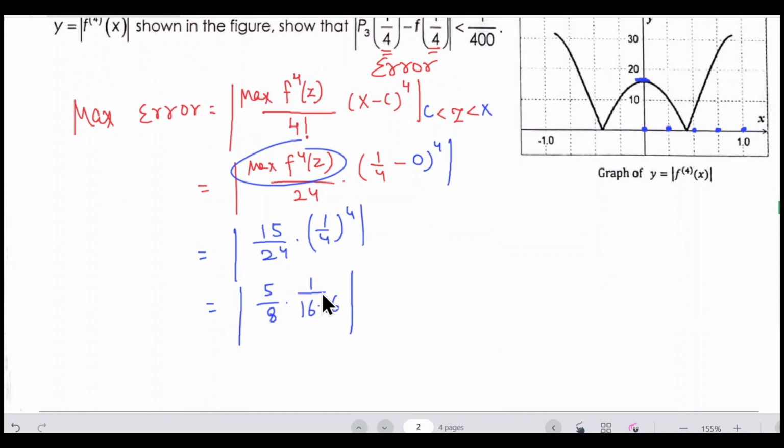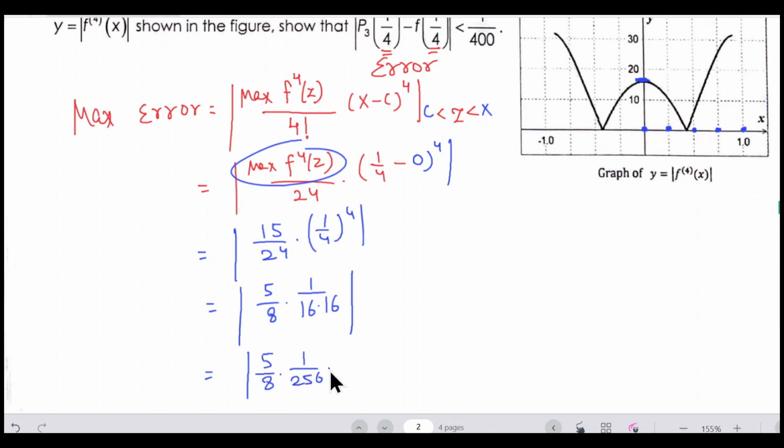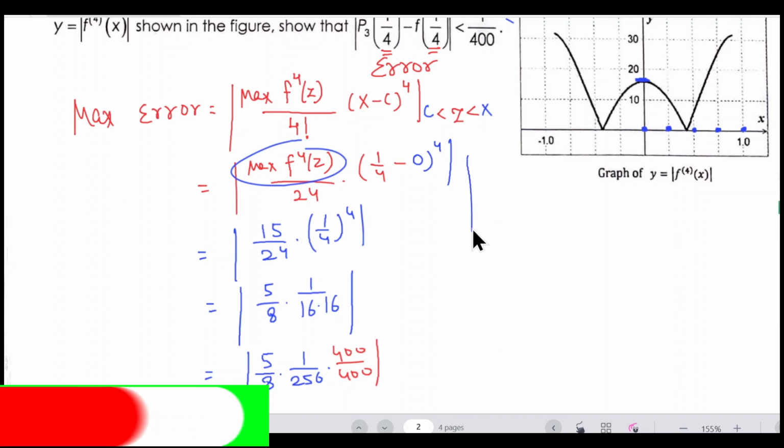Okay, we need to somehow make the comparison between these two, right? That these two actually matches. That's what we are looking for. So since I need a 400, I need to compare this somehow with 1 over 400. I'm just gonna multiply this with, so this is by the way 256. I'm just gonna multiply with 400 and divide by 400 because I want to somehow manipulate this in that form, right?